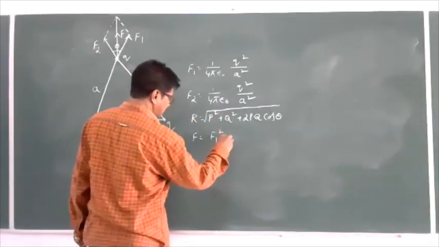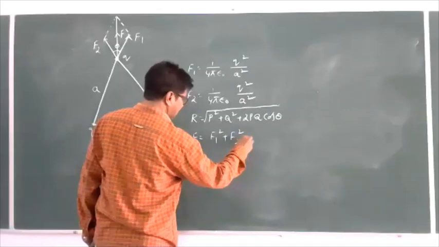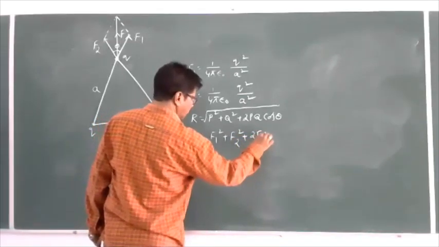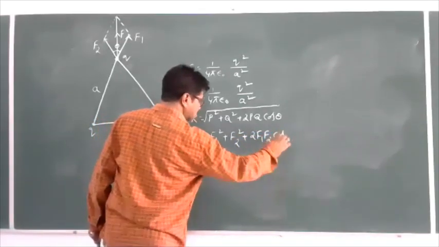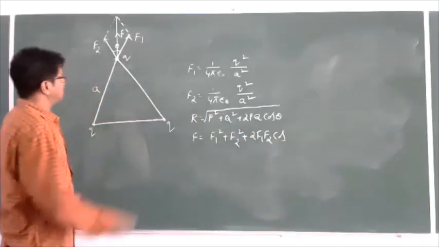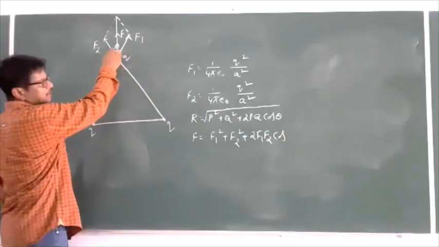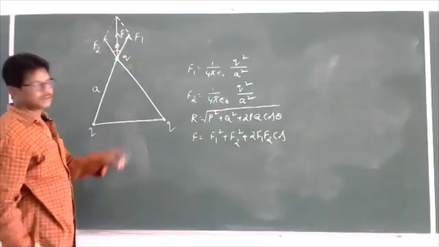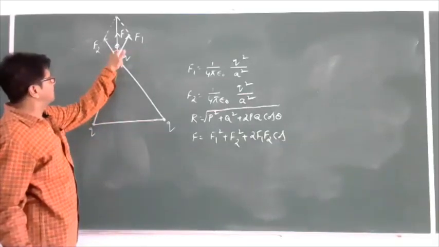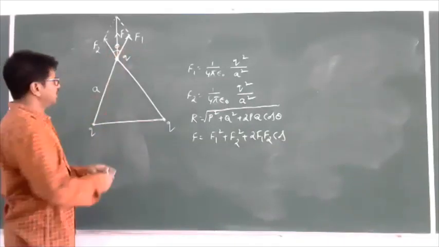So F1 square plus F2 square plus 2 F1 F2 cos theta. Theta is the angle between F1 and F2.